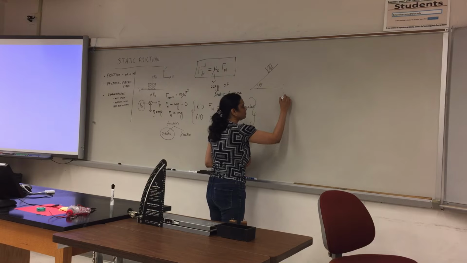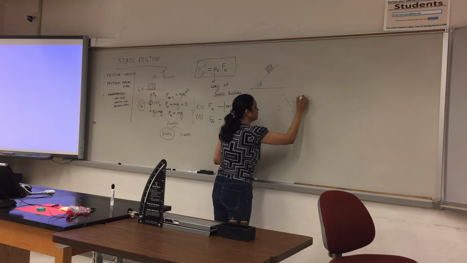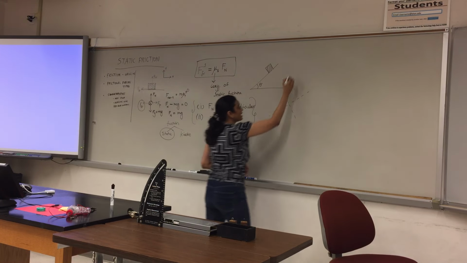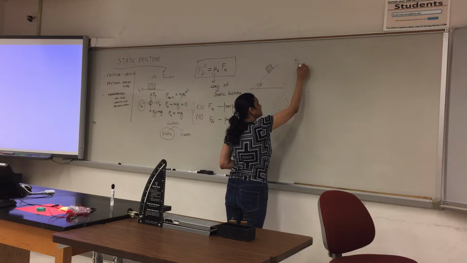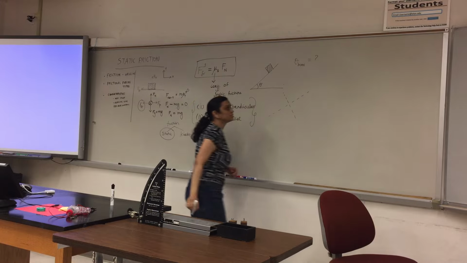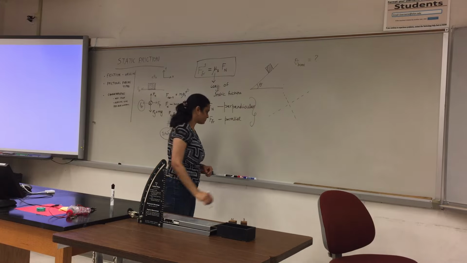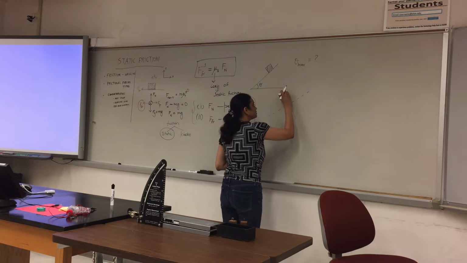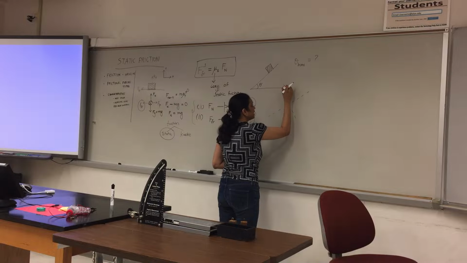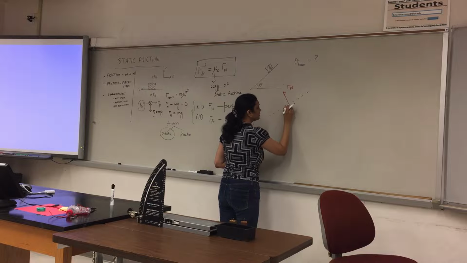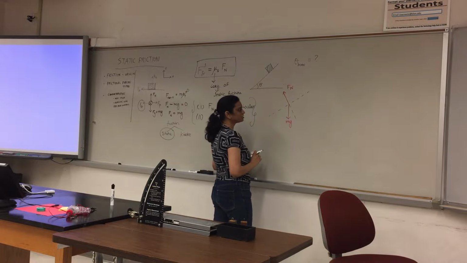So let's actually draw the free body diagram for that and find out the maximum value of theta at which the friction force is maximum. So I have the normal force there, and I have the gravitational force down.